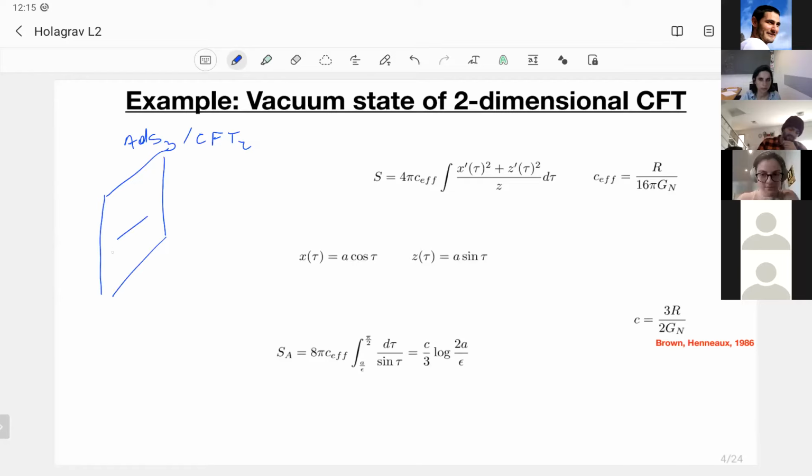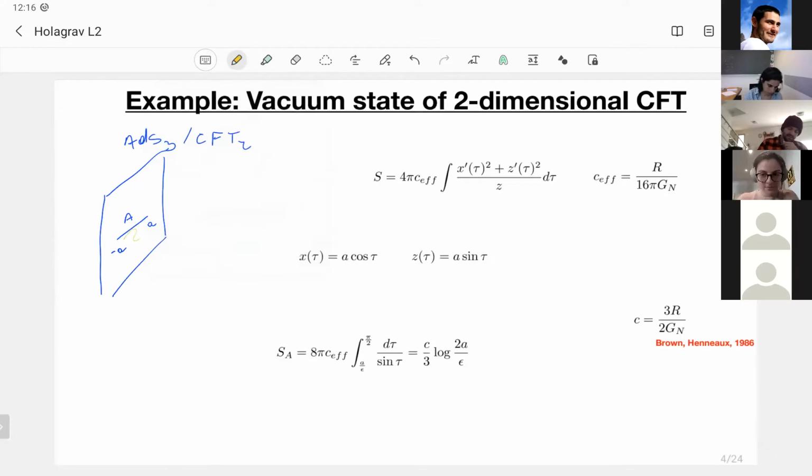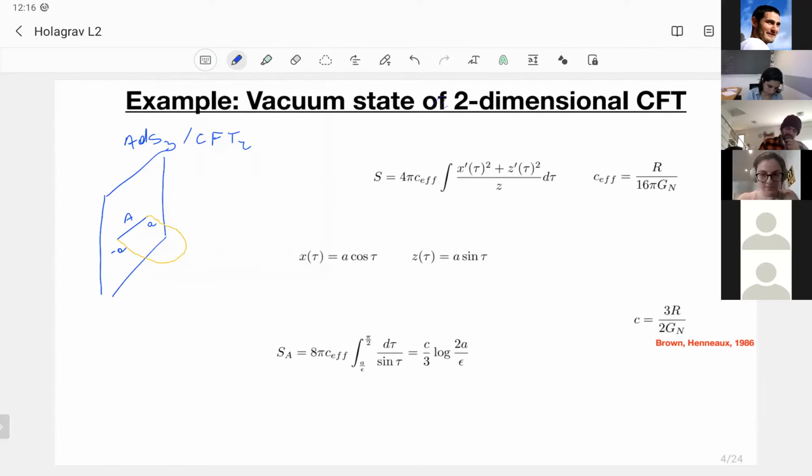You have a segment at fixed constant time. And what you have to do in AdS3 is to compute the length of the geodesic that goes from here to here. If you want an exercise, complete the computations.